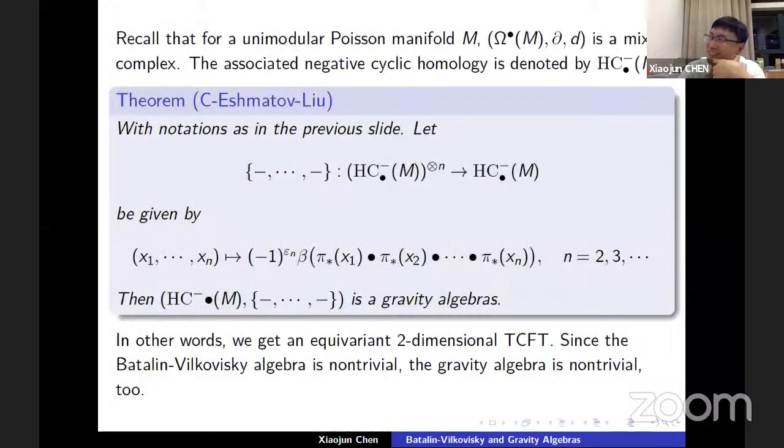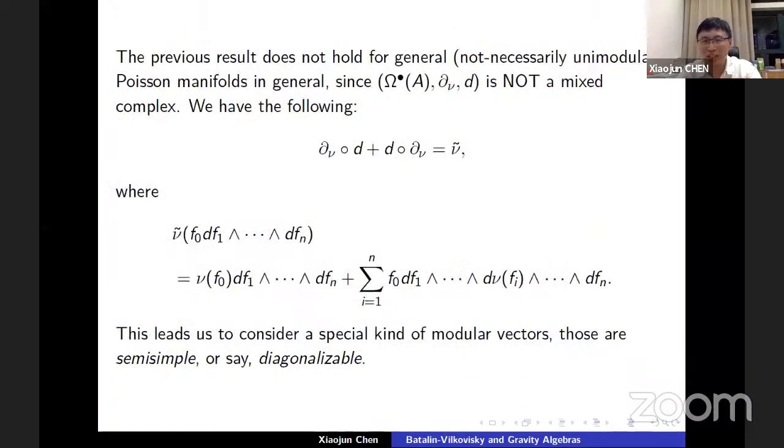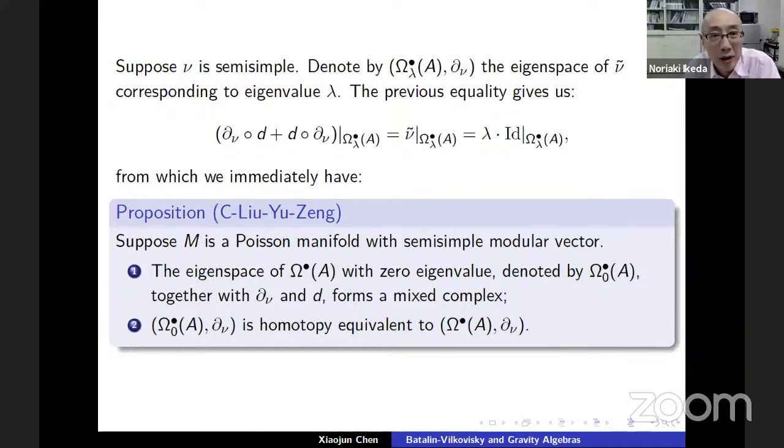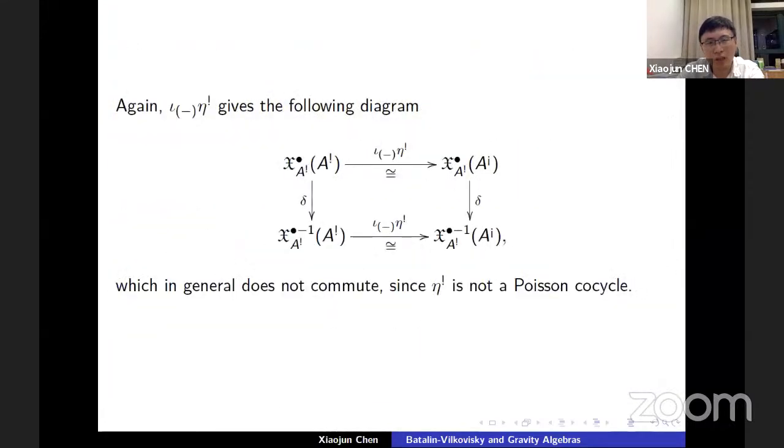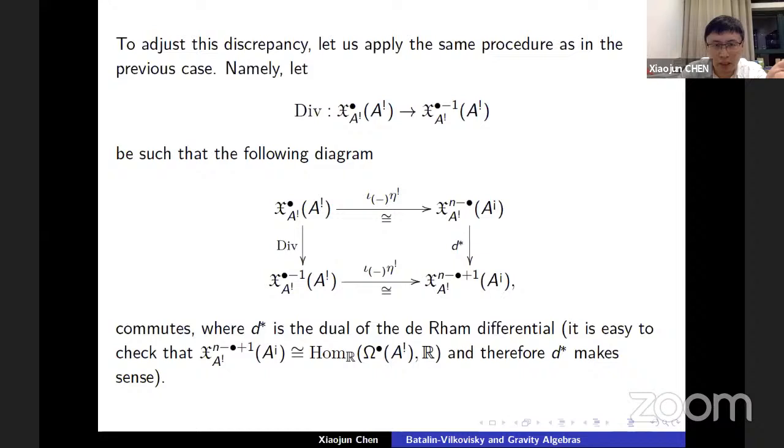I don't know yet, because I have a twisting, right? I don't know, but if you transfer this L-infinity structure on the polyvectors to the right-hand side, probably you are right. Thank you. No problem.